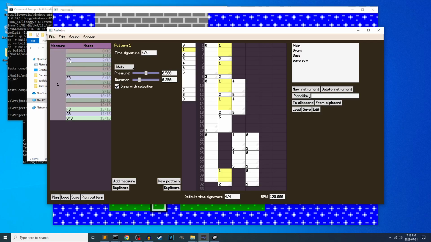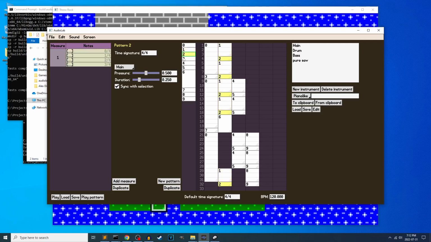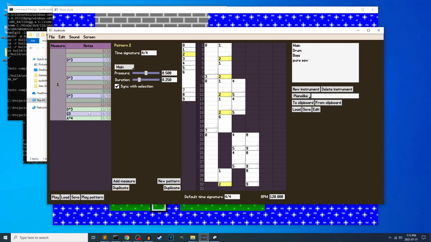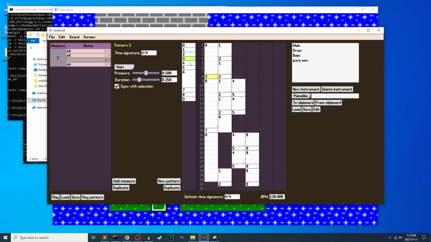Main melody there, just repeating some notes, then goes upward, then does it again, then a variation. And that's the bass drum without the one thing.